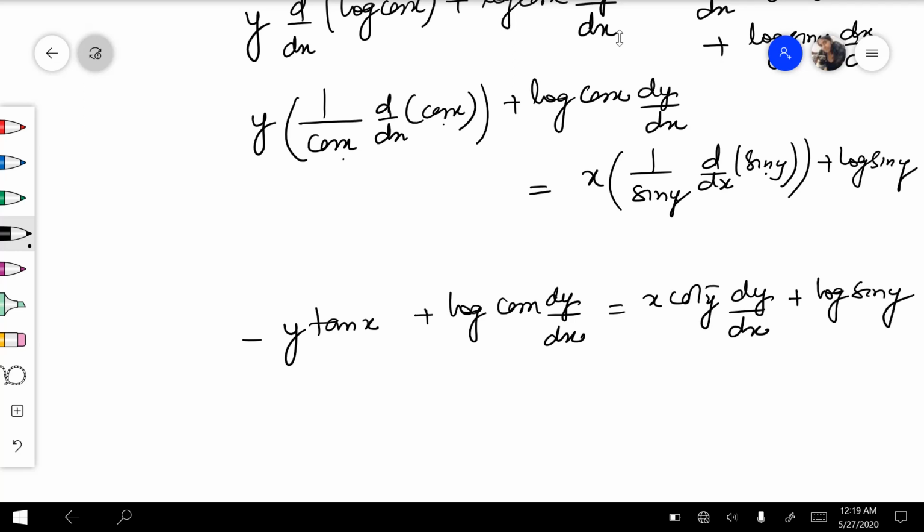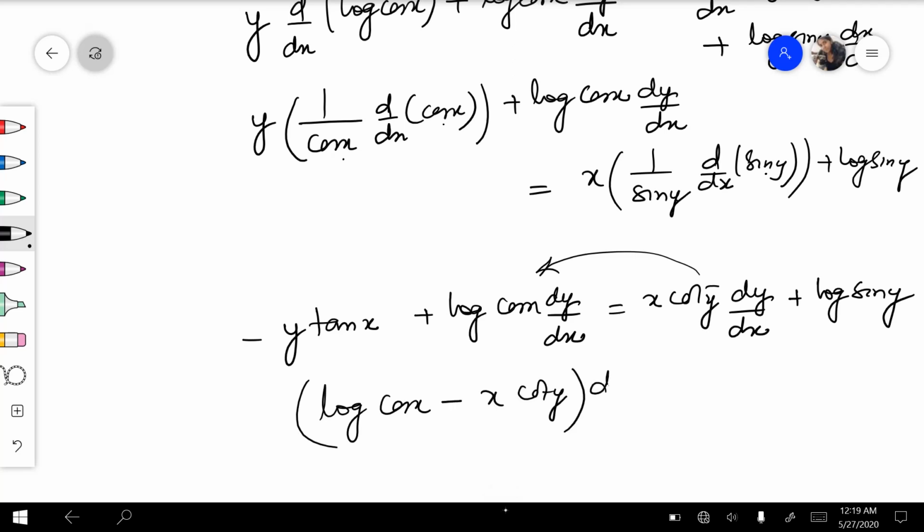हमें dy by dx निकालना है तो शिफ्टिंग दिस टर्म ऑन लेफ्ट हैंड साइड that gives (log of cos x minus x cot y) whole dy by dx is equal to y tan of x plus log of sin y.